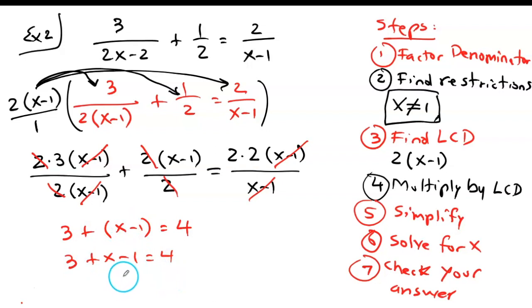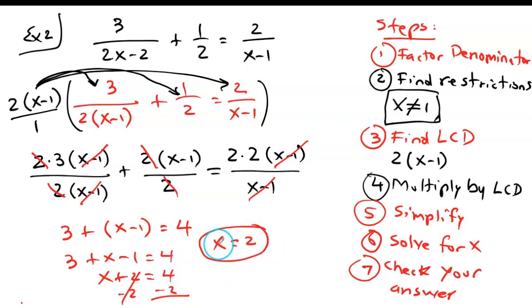Combine like terms. 3 minus 1 is 2. 2 minus x equals 4. Minus 2 minus 2. 4 minus 2 is 2. X equals 2. Now, this is the answer. I'm done. You might want to double check, plug it back into the original equation. You can use a calculator for that.